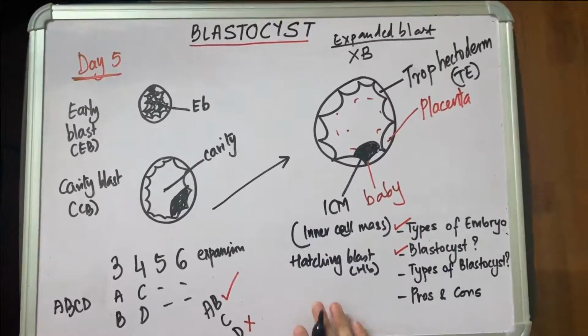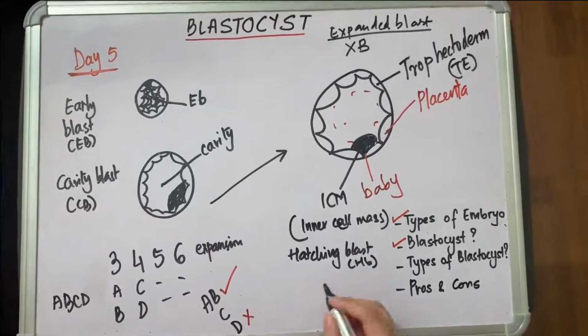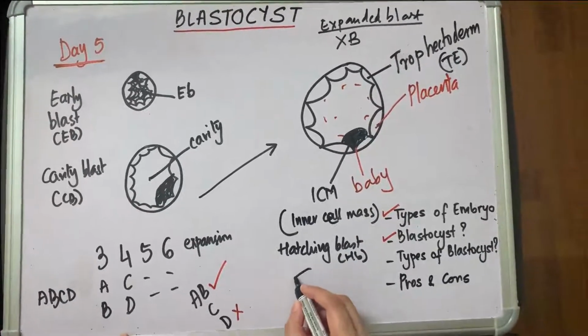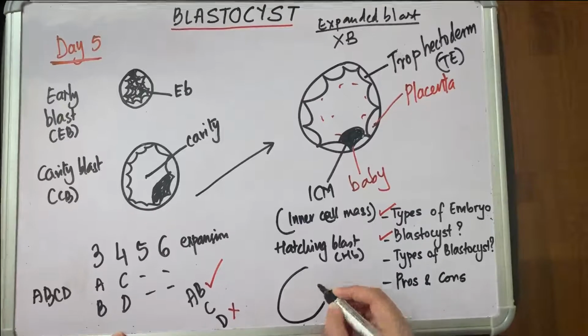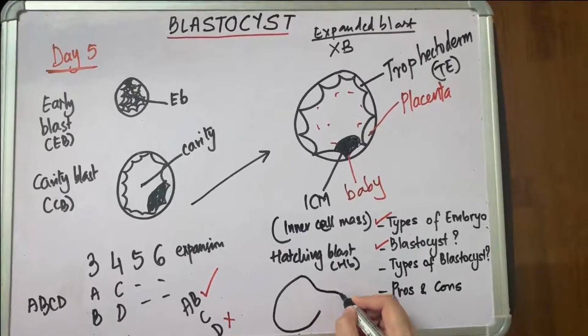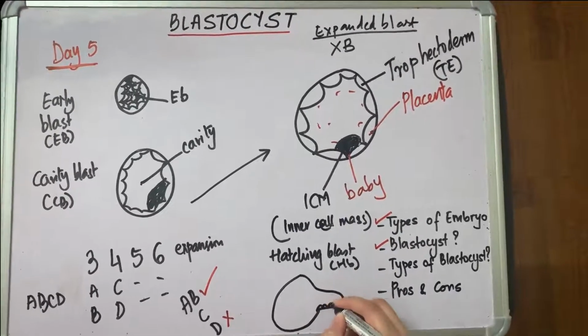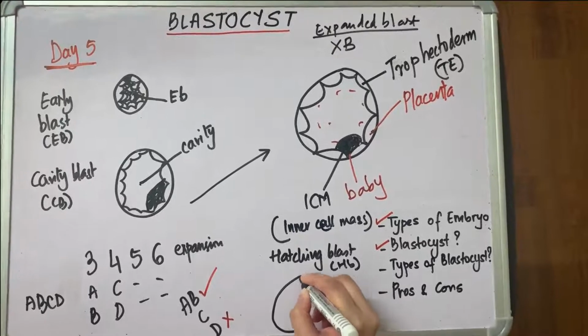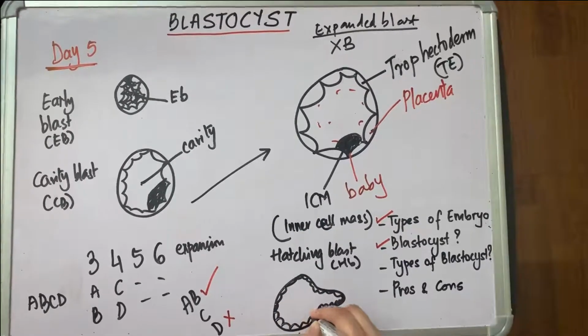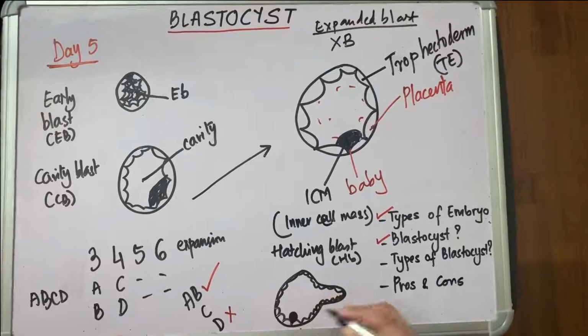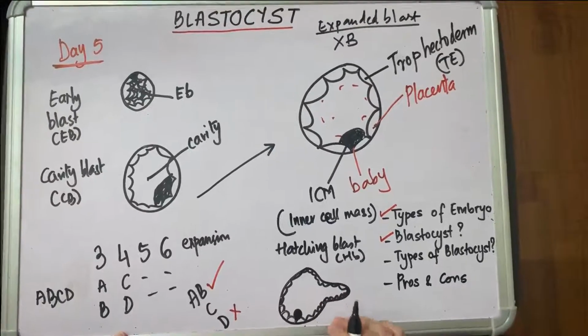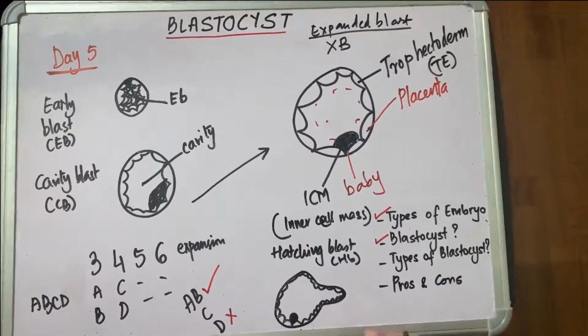Now the last stage, which is the hatching blast, what happens is that in the blast it starts hatching, as the name suggests. So the trophectoderm starts coming out, and this is very necessary. A blast needs to hatch for it to stick.